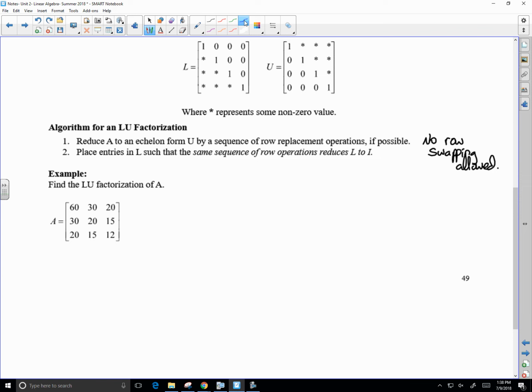Let's start off, I'll just work off of row 1. We'll do negative 1/3 R1 plus R3, and negative 1/2 R1 plus R2.